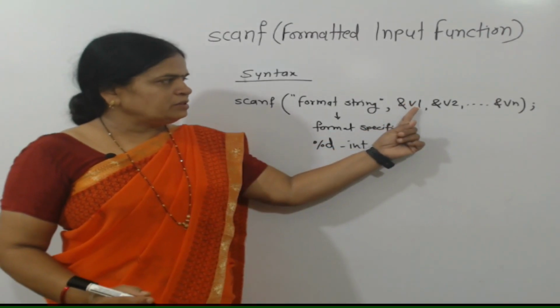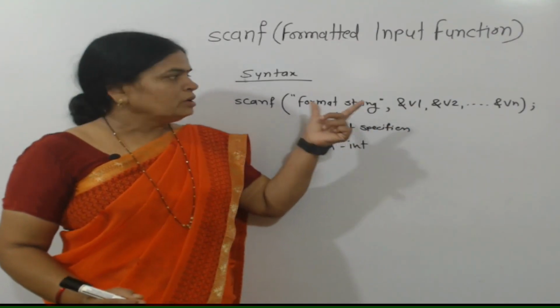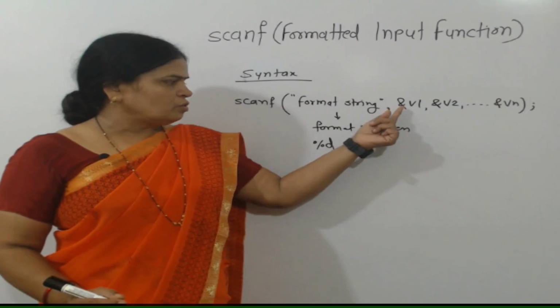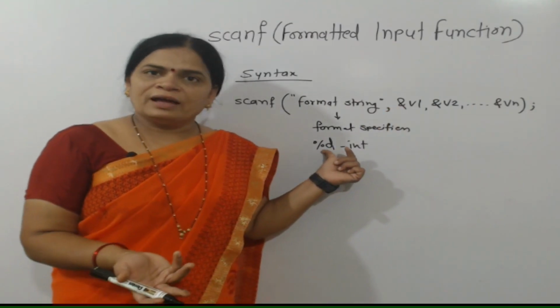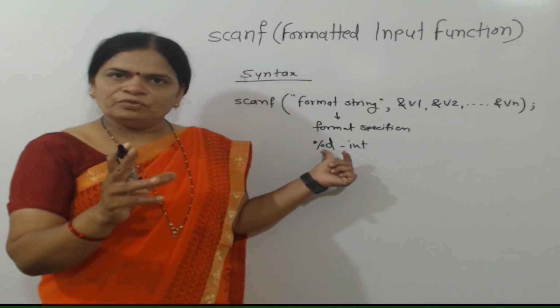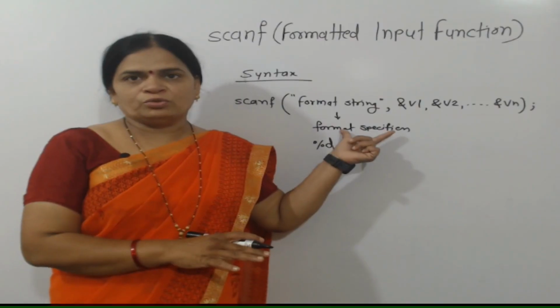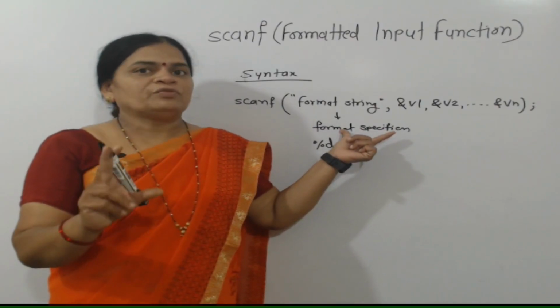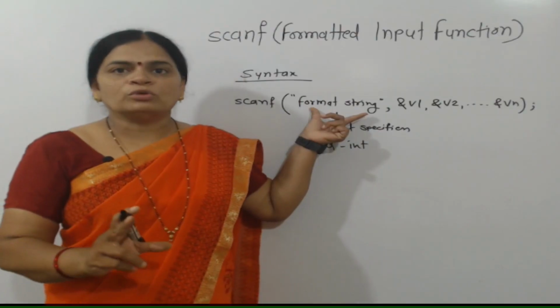If this variable is of integer type, then I will write %d in the format string. Similarly, if this is of float, then I will write %f. For character I will write %c and so on. We have seen the different format specifiers for different data types in the printf function also. So the same format specifiers you have to use in this scanf function also.